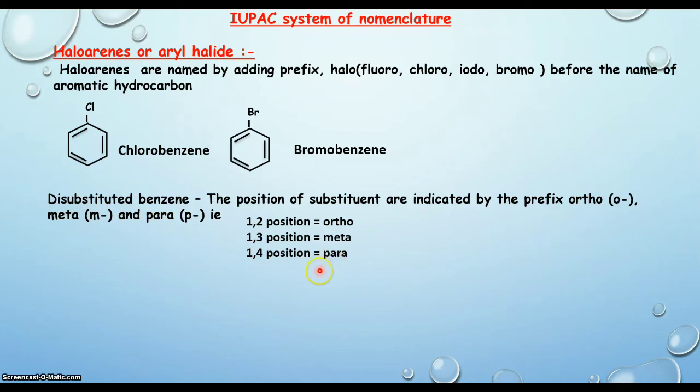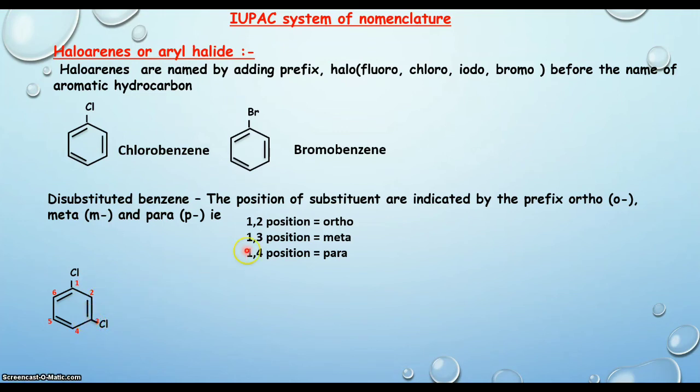Let us discuss the example of di-substituted benzene. In this example, 2 chlorine atoms are bonded to the benzene ring. Let us understand the position of chlorine atom. Here, the one chlorine atom is bonded to the first position of benzene ring and second chlorine atom is bonded to the third position of the benzene ring.